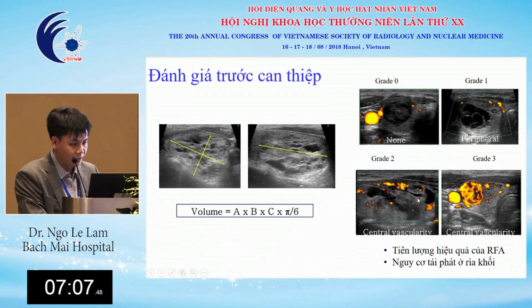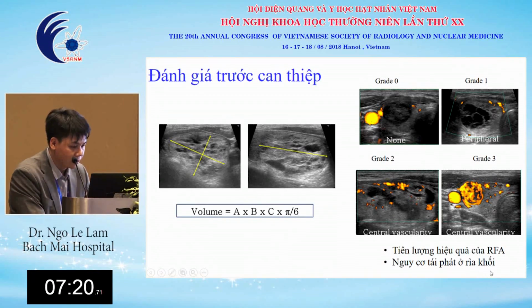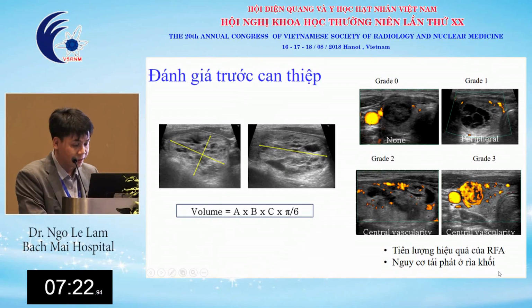This is grade 0, where we cannot see hypervascularity, then grade 1, grade 2 a little bit, and grade 4 has hypervascularity. In this case, we can estimate the prognosis of the lesion after IFA.